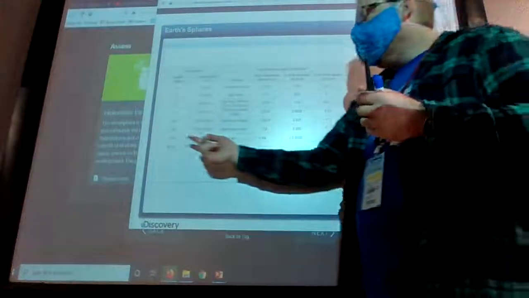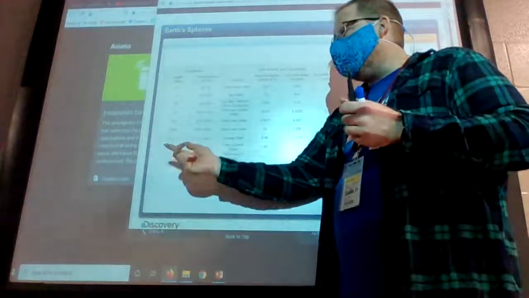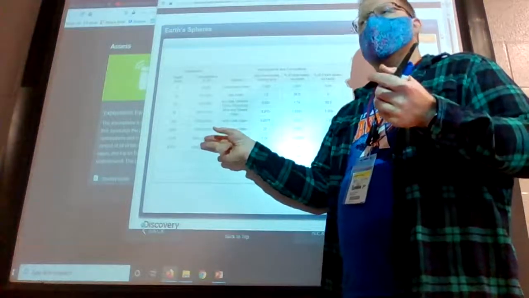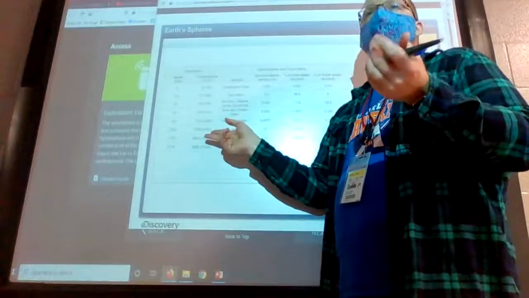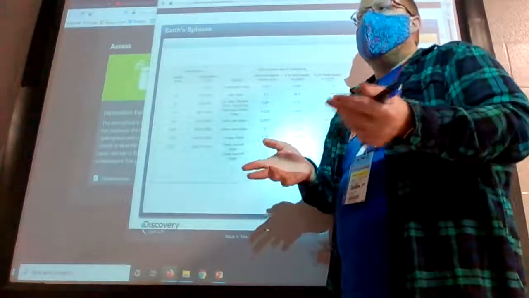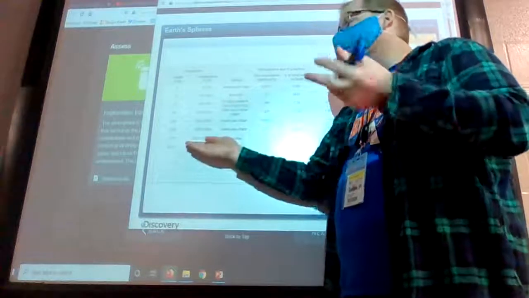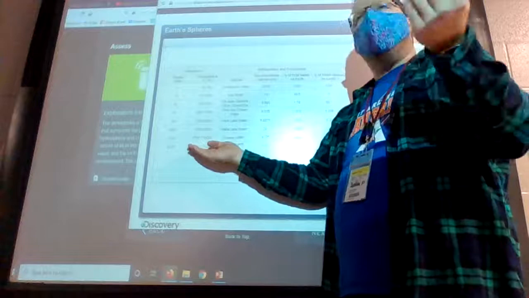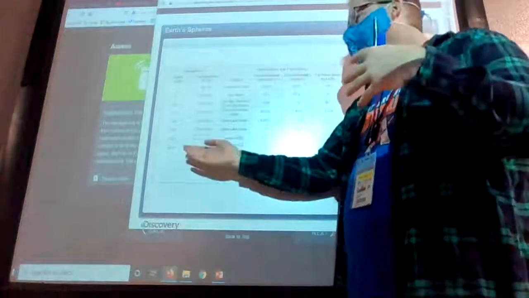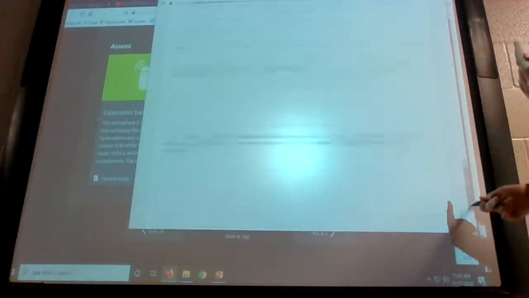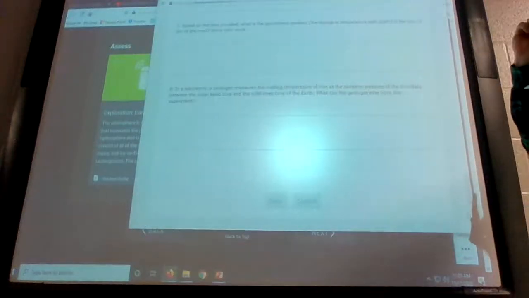I believe this is the outer core, and this is the inner core. What's the difference in the temperature here? Nothing. It's the same temperature, but the outer core is liquid and the inner core is solid. So why is the outer core liquid and melted at 6,000 degrees, but the inner core is solid and not melted at 6,000 degrees? The pressure. Yeah, the pressure is going to hold it together. And so I believe that's what they're asking for.